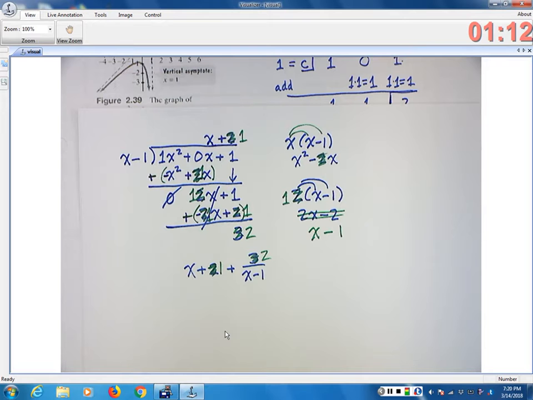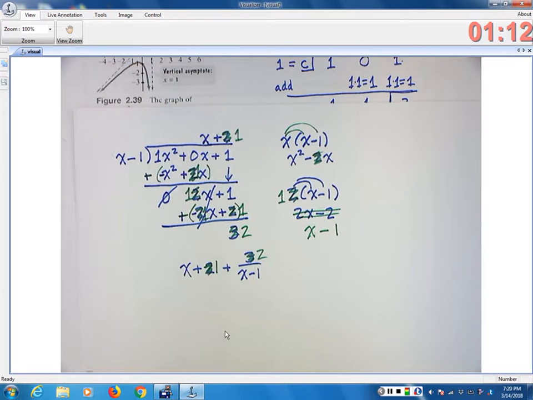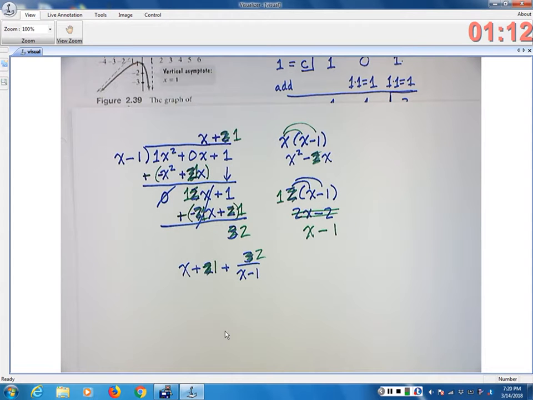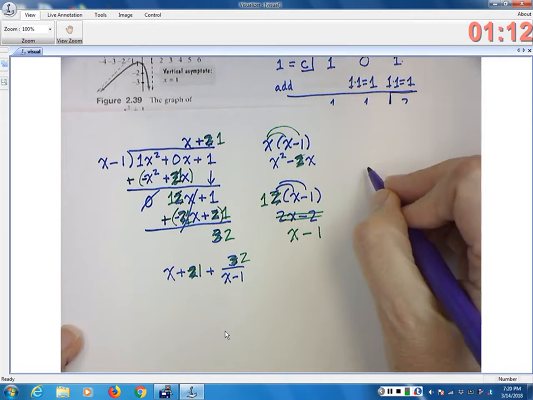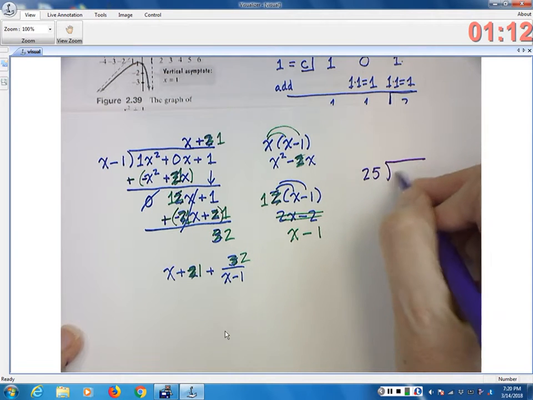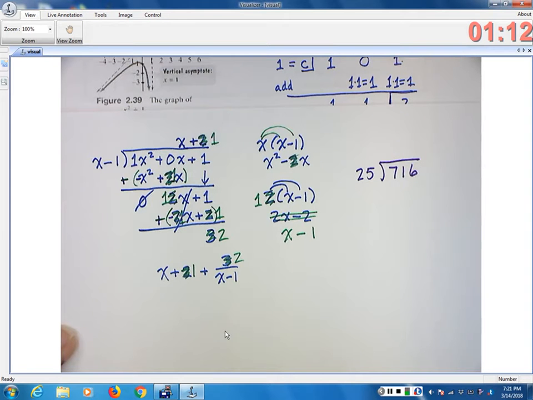So, but anyway, that's the process. I don't know, do they still teach you guys long division in school? Like, if you're going to take 25 into 716, the process to do that.